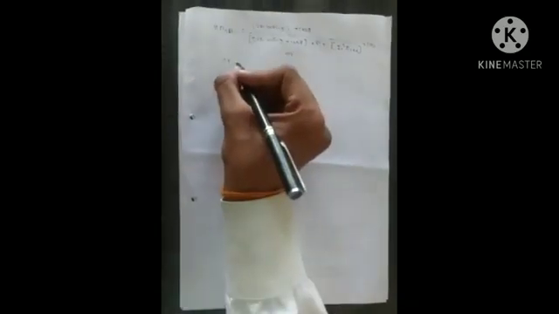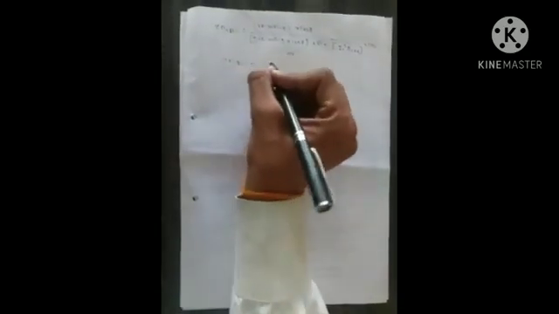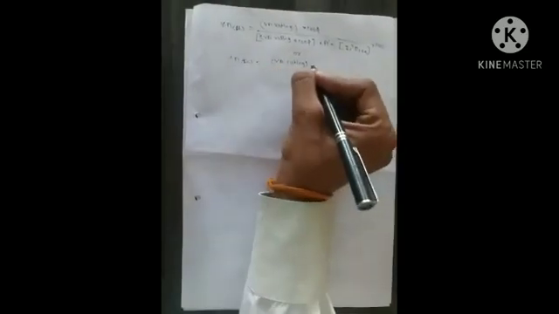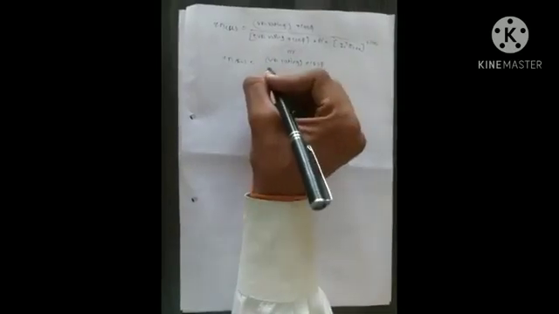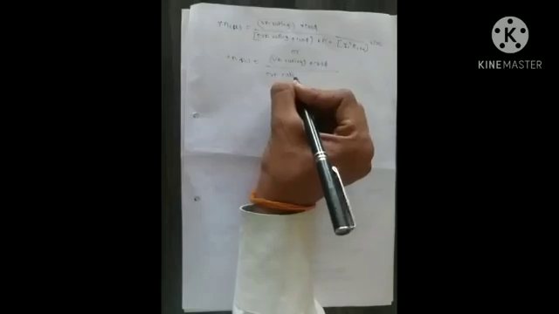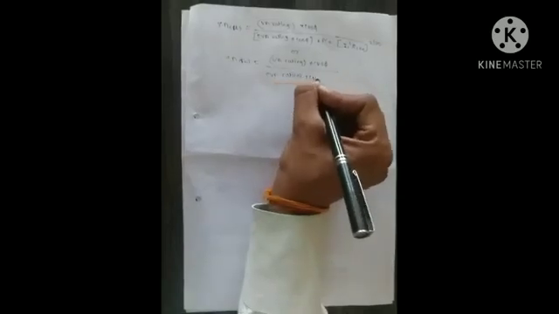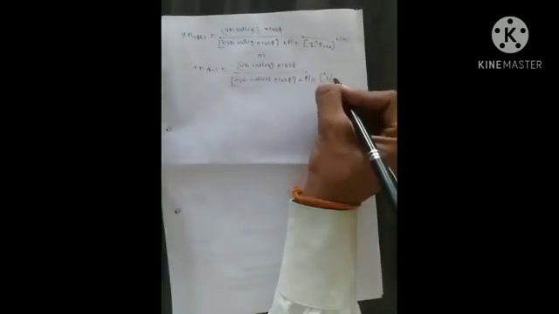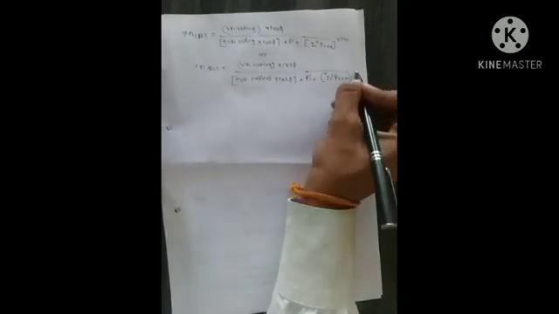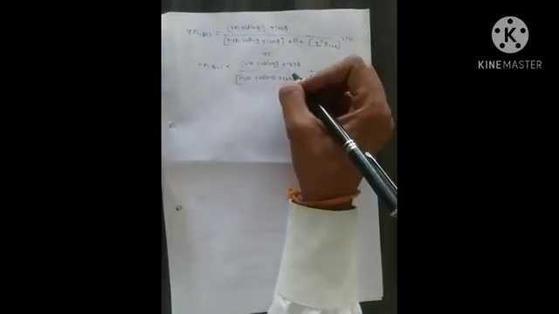Or the percent efficiency at full load we can write as VA rating into cos phi upon VA rating into cos phi plus Pi plus I2 square R2 equivalent into 100. This is the percent efficiency at full load.